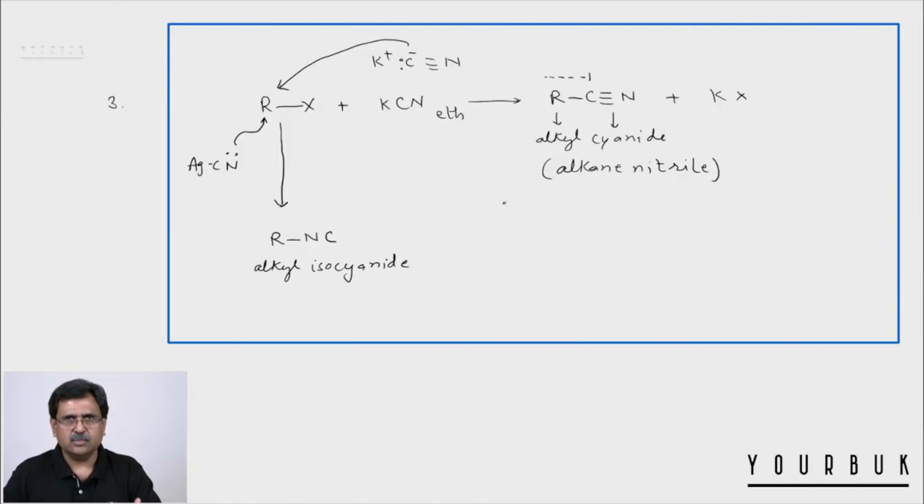So if you look at these two nucleophiles, CN and NC, these two have the same formula, but they have different linking atoms. Linking atom means the different atoms through which the bond with the alkyl group can be formed. So in case of cyanide, the linking atom is carbon. In isocyanide, the linking atom is nitrogen. So CN and NC have the same formula but different linking atoms.